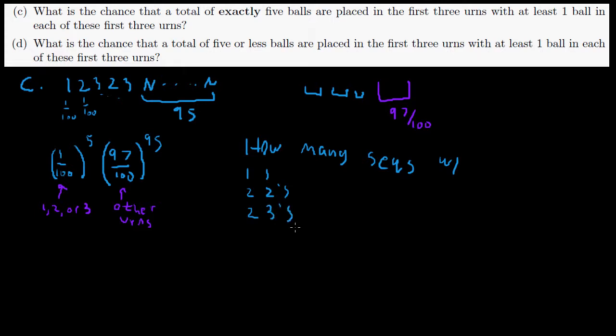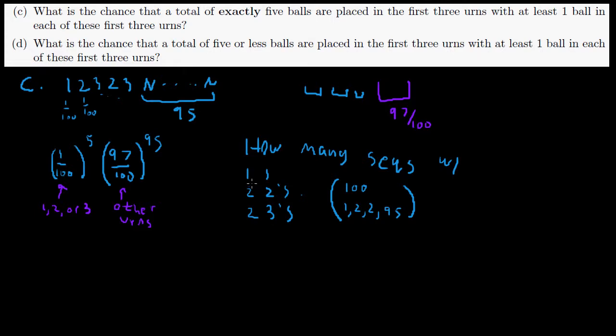So, this satisfies our constraints. So how many ways are there to do this? We have 100 choose 1, 2, 2, and then 95, right? And this is for this particular sequence.